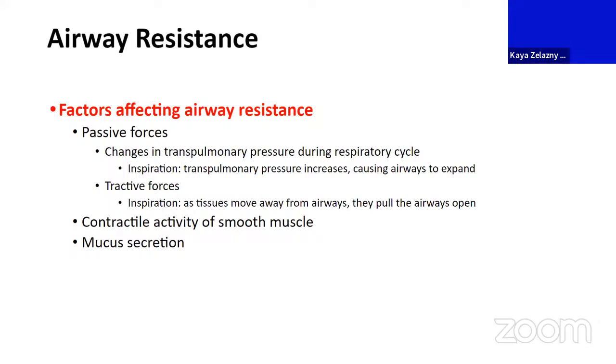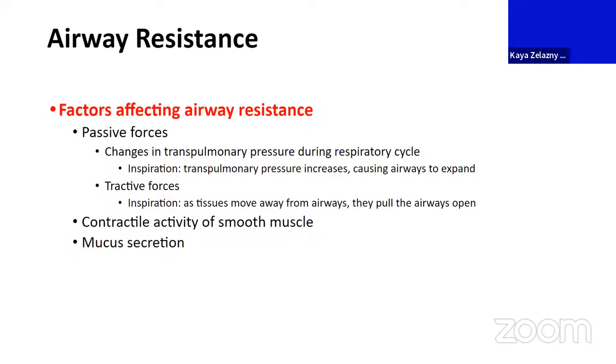In terms of what can affect that airway resistance, it's going to be similar things to what we spoke about when we spoke about blood vessels. So now instead of thinking about vasoconstriction and vasodilation, we're going to be thinking about bronchoconstriction and bronchodilation. Those are really just going to mean the same thing, right?